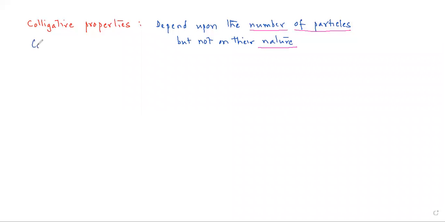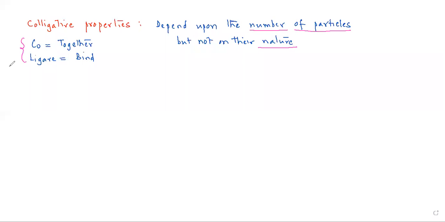As such, co means together, ligare means bind, binding together. It actually covers the association part, which we will be dealing with in the colligative properties.